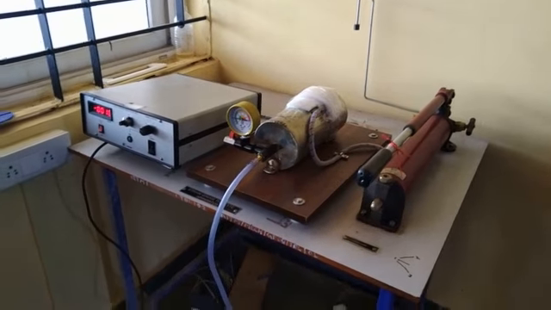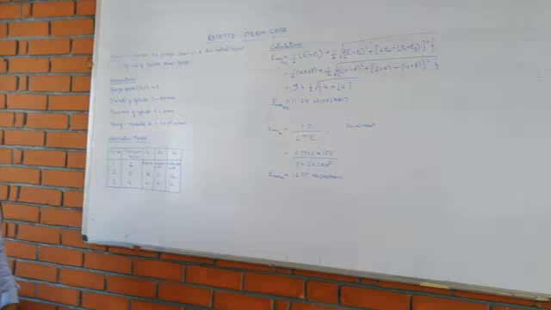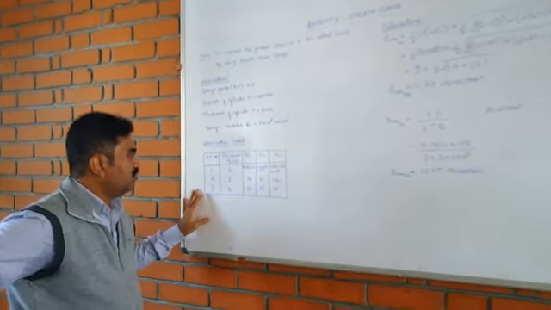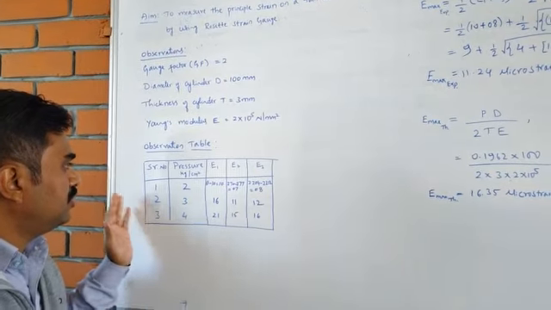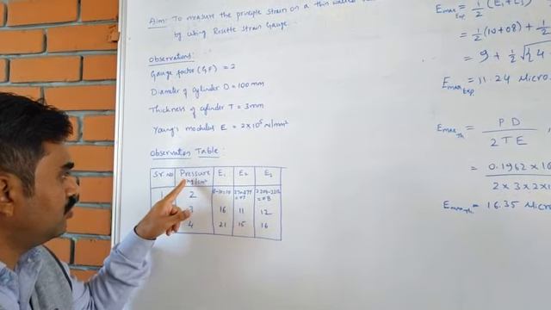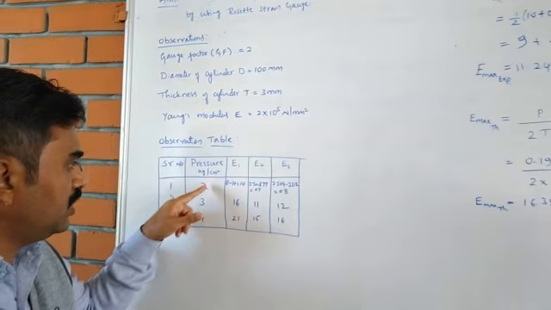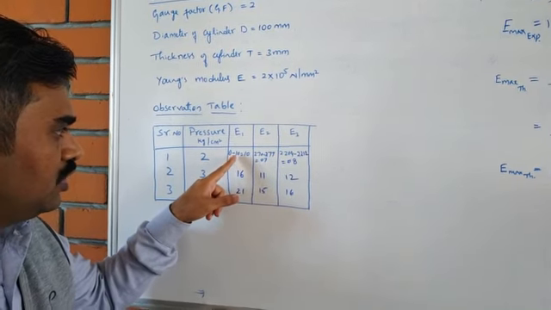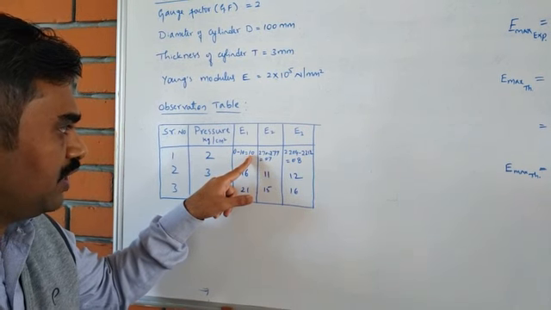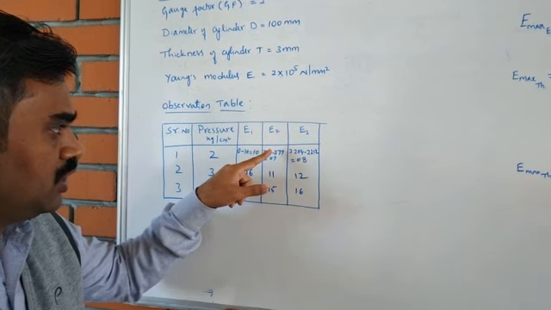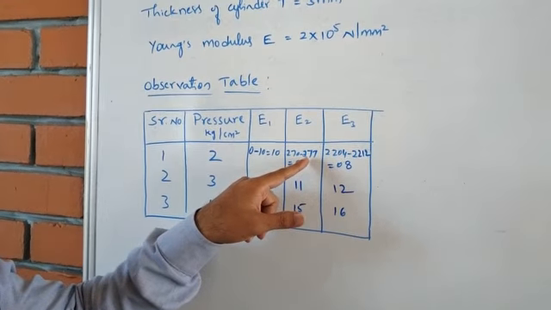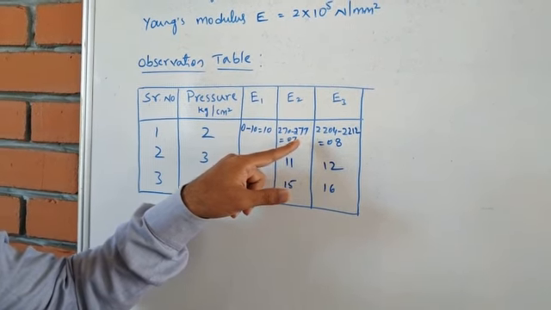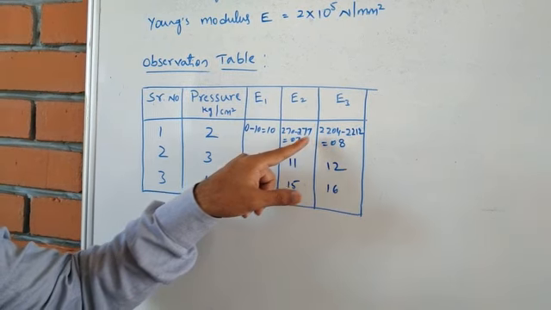Next, we will look into the calculation part of the experiment. After taking the readings, we come back to this observation table. We conducted the experiment for 2 kg per centimeter square. The initial reading was 0 and we got 10, so E1 is 10. For E2 the initial was 270, and after applying the pressure we got 277, so E2 is 7.